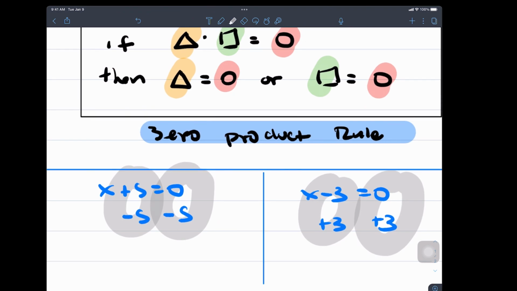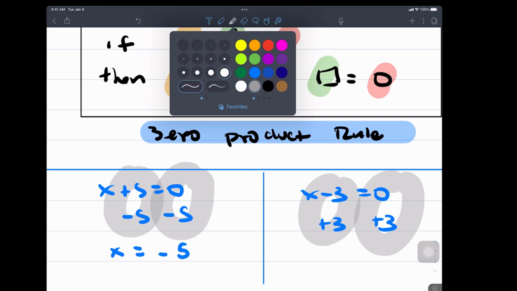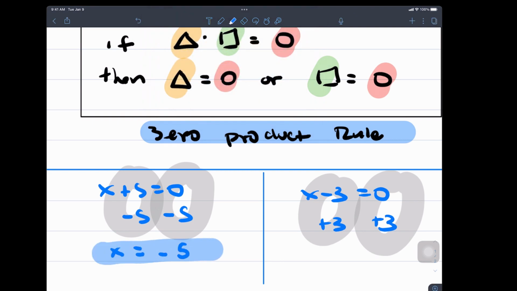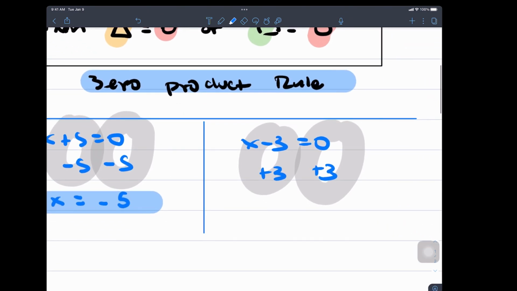So what's 0 minus 5 here? What is x if it's 0 minus 5? Isn't that negative 5? And then 0 plus 3, what do you have here? Positive 3. Good.